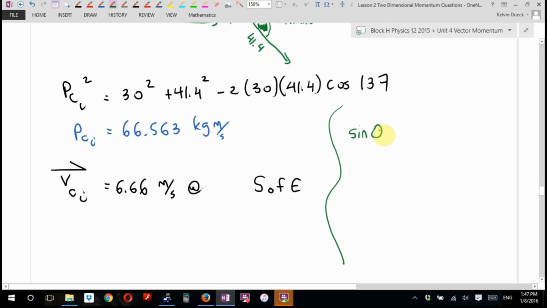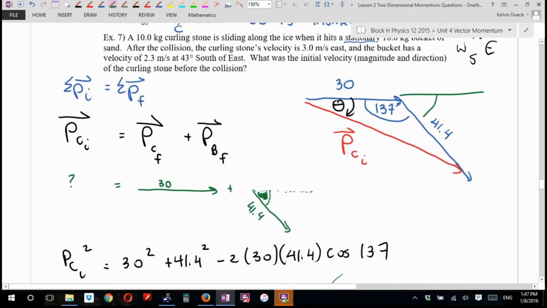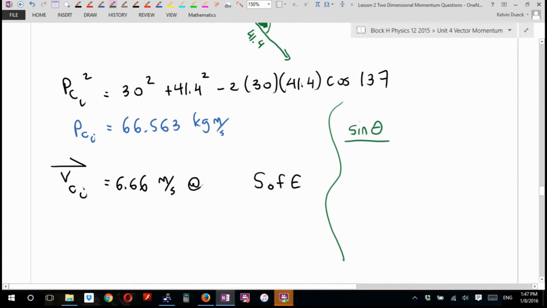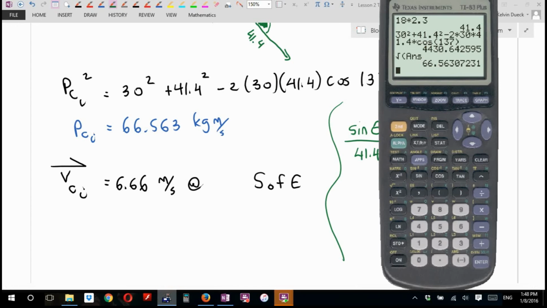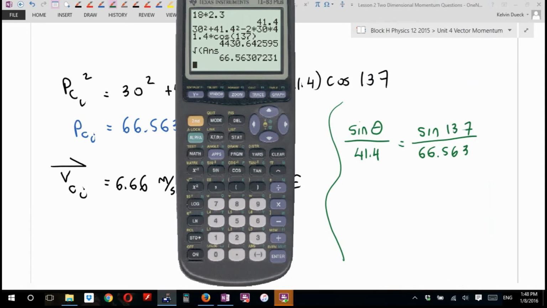Sine of mystery angle over what's across from the mystery angle, 41.4, equals sine of the angle that I know divided by what's across from the angle that I know, which is 66.563. And in fact, since I have this stored here, I'm going to use my answer button.